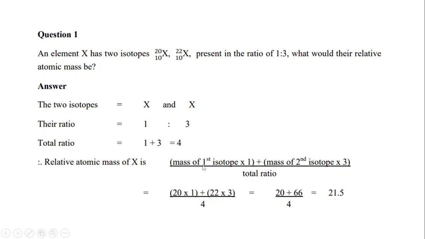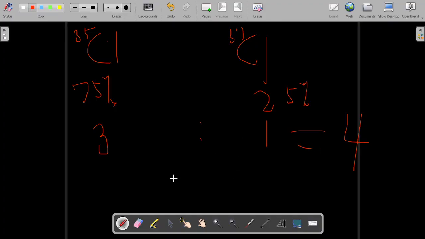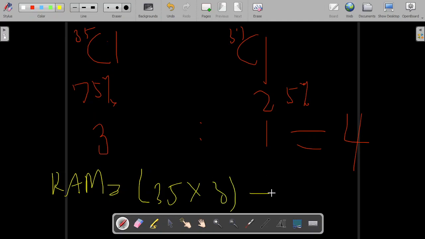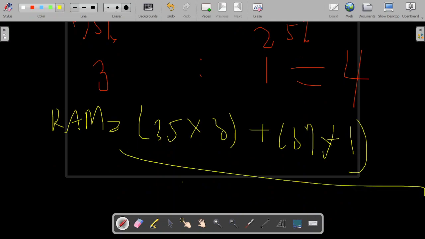Comparing it with what we are doing, the relative atomic mass (R.A.M) is equal to the mass number 35 times the ratio, which is 3, plus the mass number of the other one, which is 37, times its ratio, which is 1, divided by 100.